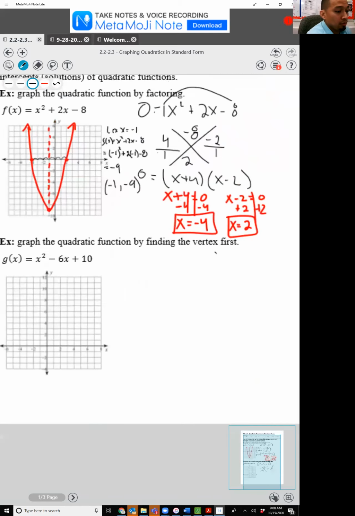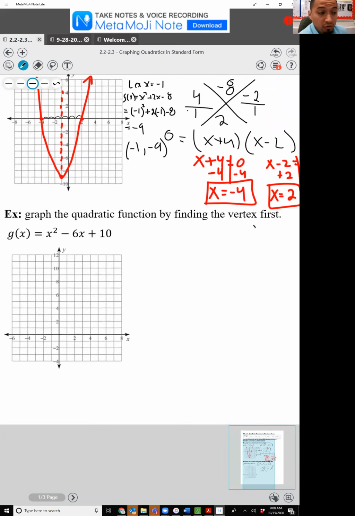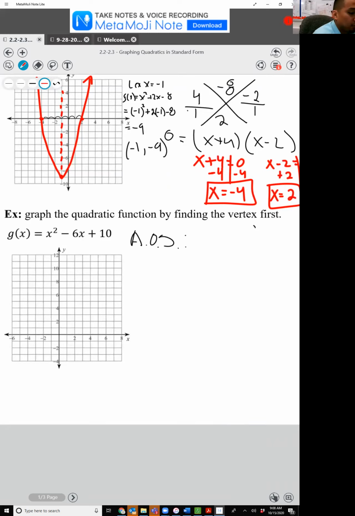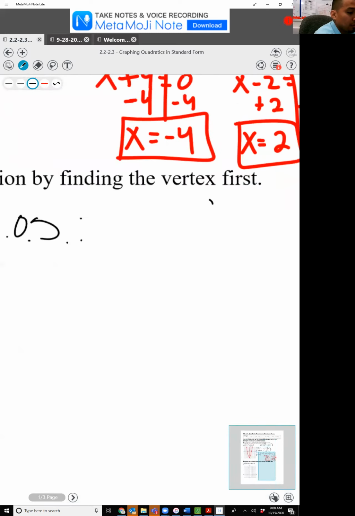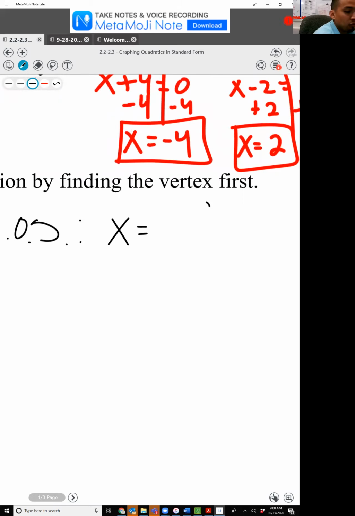Okay. Please make sure from now on, start writing stuff down because this is very important. To find your vertex, or not necessarily your vertex, to find your axis of symmetry, we're going to use this formula, which is x equals -b over 2a.